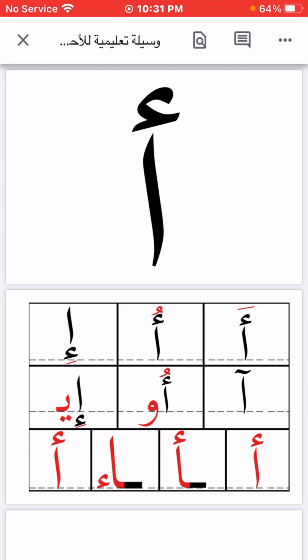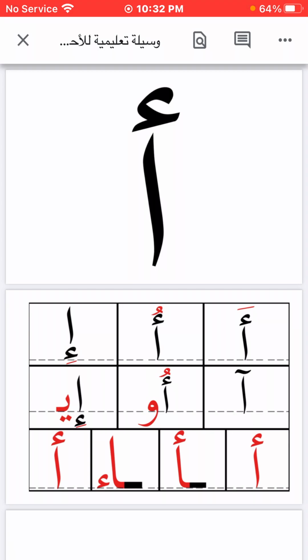And in the next video, inshallah, I will teach you the short haraka, which means sound, short sound and the long sound in the Arabic language, and also the shapes of the letters in the word, because the shape of the letter changes when it comes at the beginning of the word, or in the middle of the Arabic word, or at the end of the Arabic word. There are shapes. We have to know them.